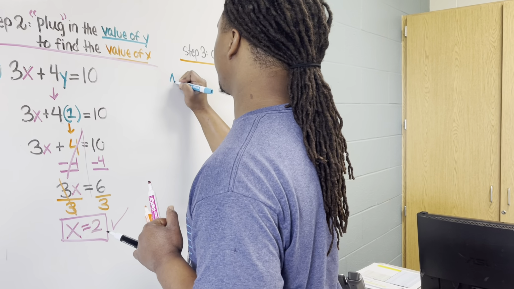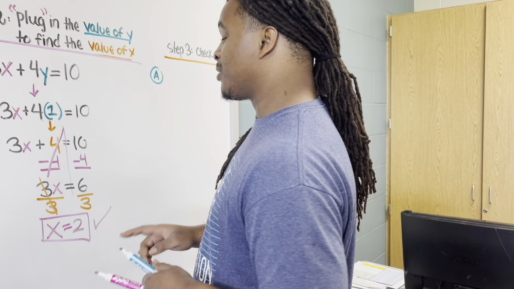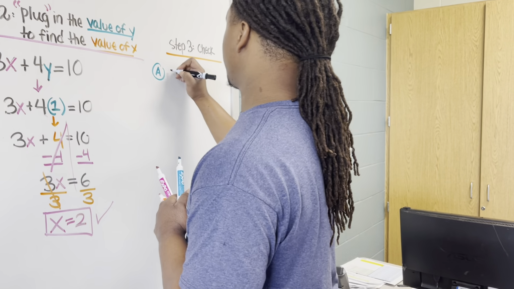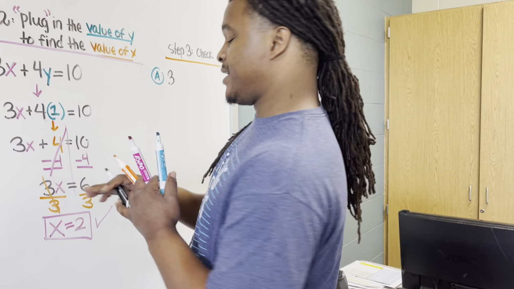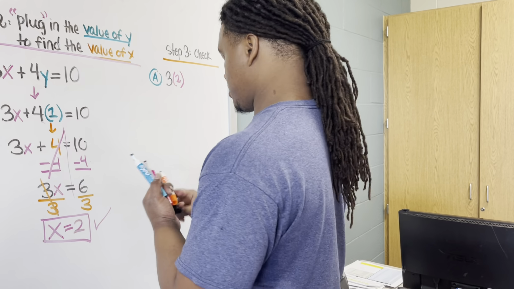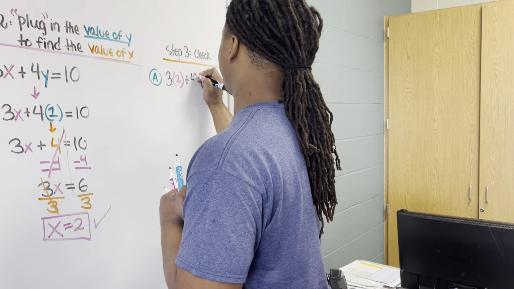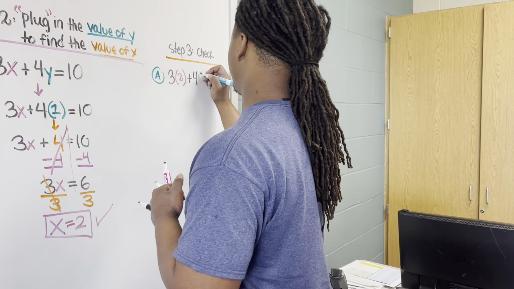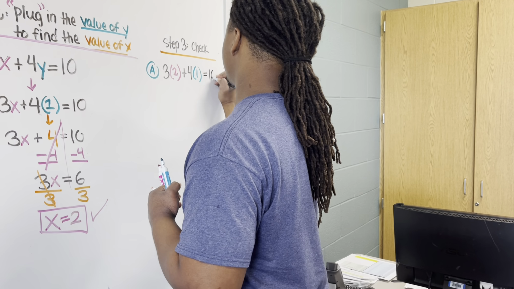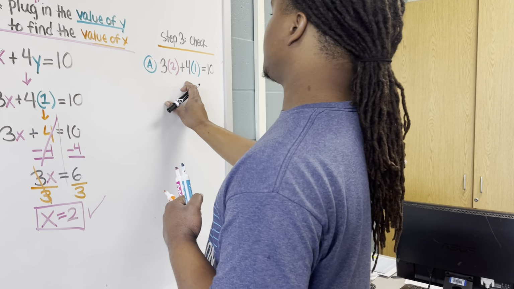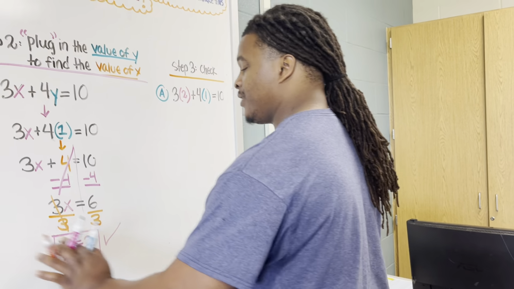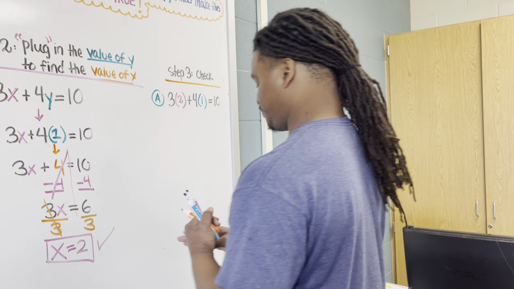I'm just going to go ahead and use equation A. And what we're going to do is plug in the value of x and y in equation A. So in equation A, remember it's 3x, so it's going to be 3 times 2, plus 4y, and the y is 1, so that's 4 times 1, all equal 10, right? So when we solve this, if it equals 10, then that will prove that we got both values correct, okay?